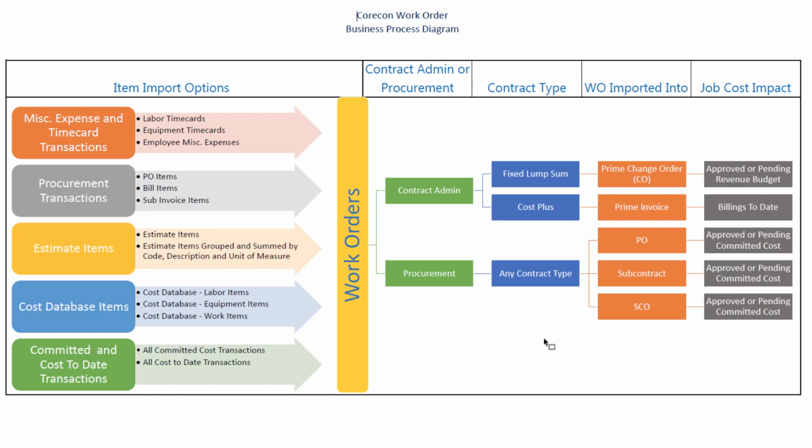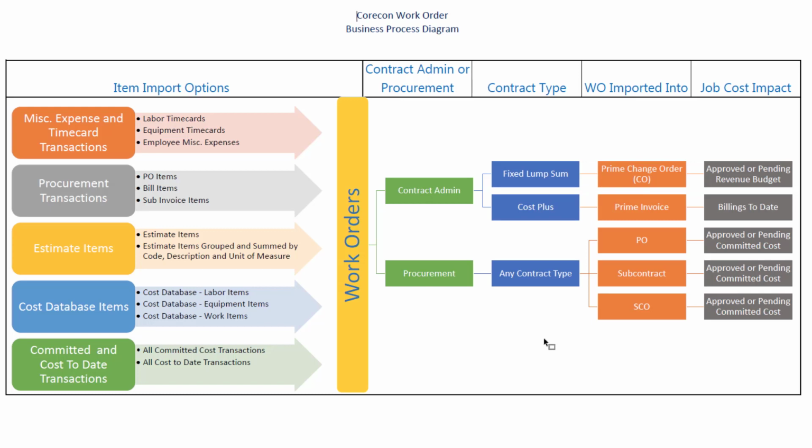Once the information's been gathered at the work order level, what that work order can become depends on which contract type. If the work order is in contract admin with a fixed lump sum contract type, the information can be integrated into a prime change order. That means that both the approved and pending revenue budget will be affected.